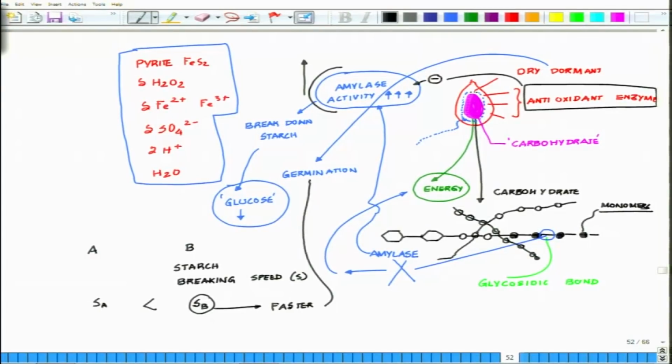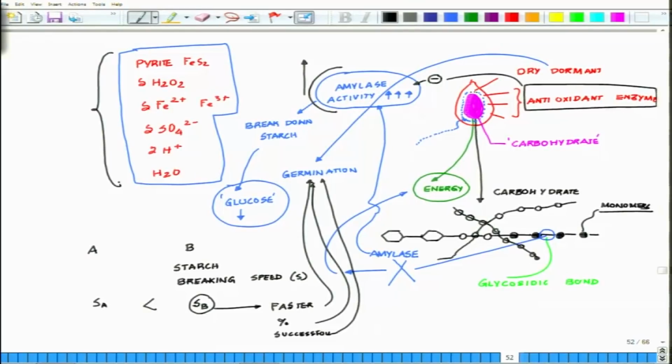Faster germination, higher germination percentage, and more successful germination. Now, is FeS2 playing such a role? Having said this, I will come back and visit this molecule now.